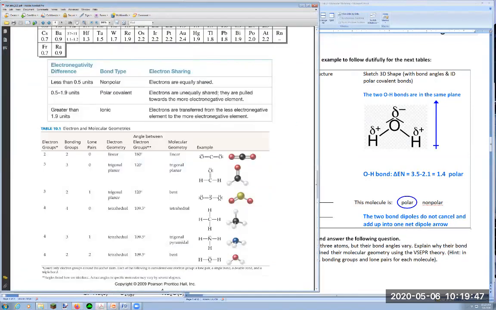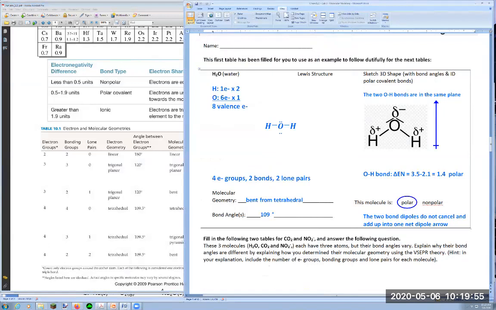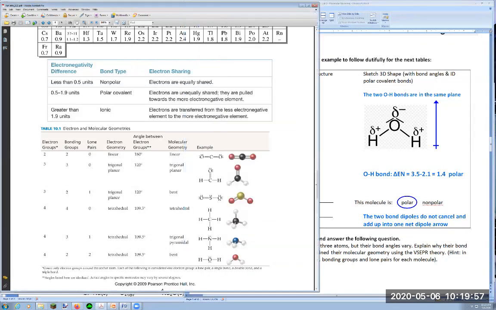Out of this table, you see that we have 4 electron groups, 2 bonds, and 2 lone pairs. So you will want to follow the very last line here that says 4 electron groups, 2 bonds, 2 lone pairs.